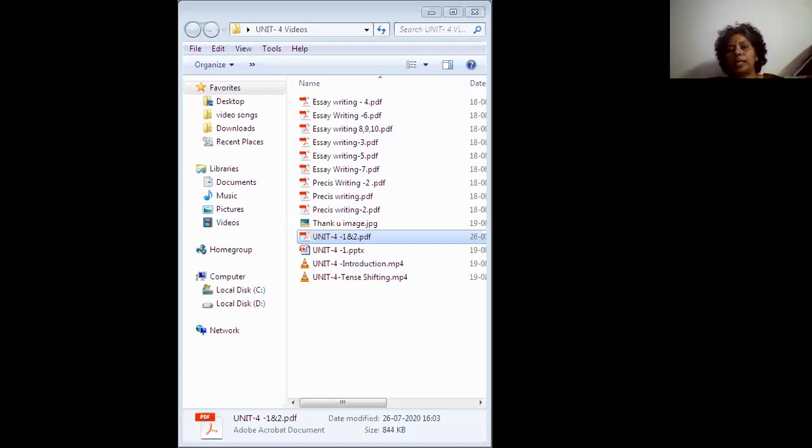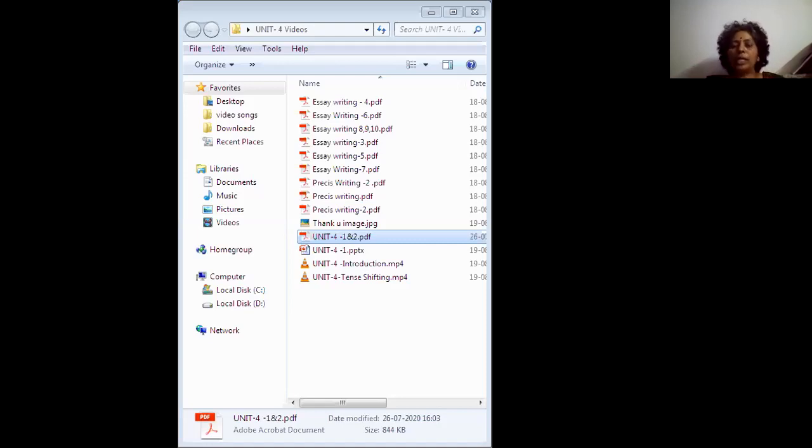In essay writing, there are three parts: introduction, body, and conclusion. In the introduction, body, and conclusion, you may have paragraphs. In any type of paragraph, we use sentences. While using sentences, how we use the tense form must be related to the particular concept or idea the author has taken to present in the essay.